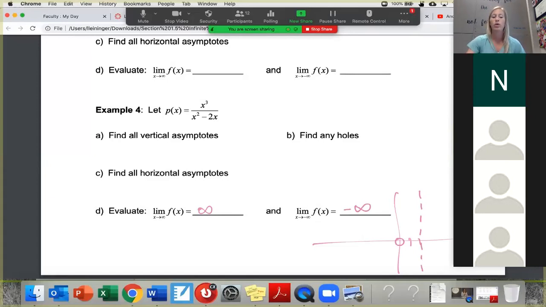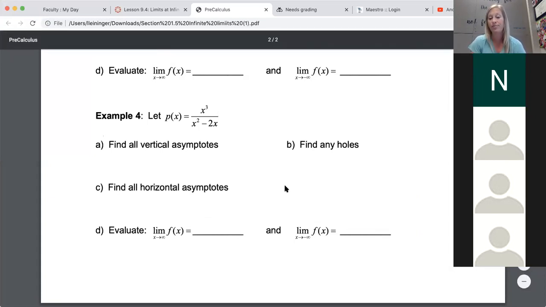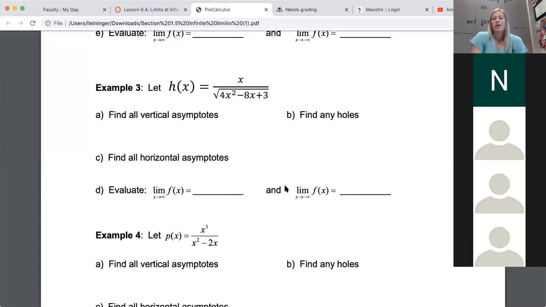I'm not at this point making you find slant asymptotes. Limits is hard because I would have to give you a calculator for almost every question, because it's always an option to not have enough information and then have to go check the graph. That's just how limits work.